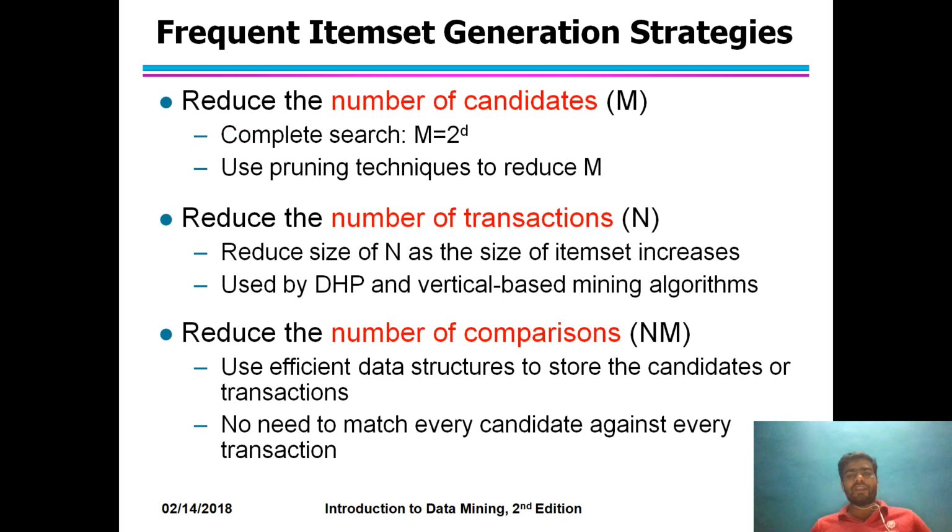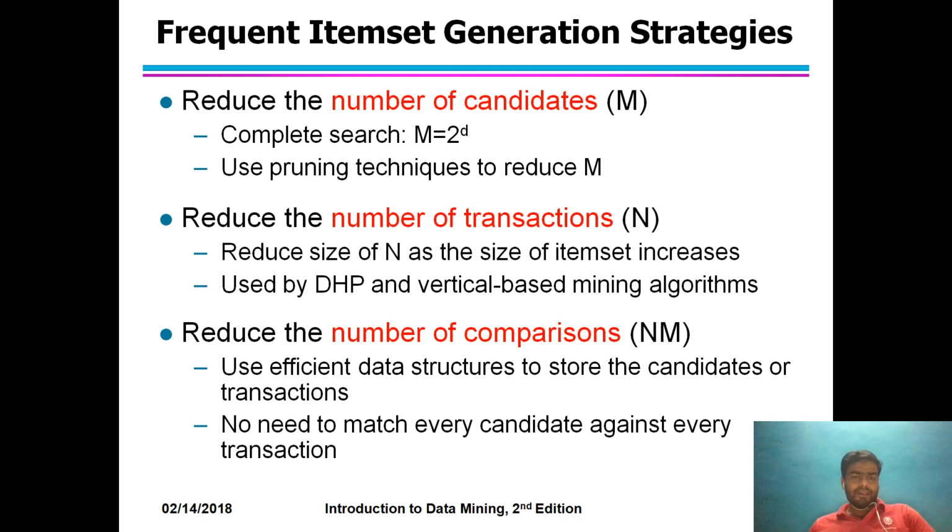By reducing the number of candidates m, the number of comparisons can be reduced, or use pruning techniques to reduce m. That means we eliminate the items which do not form frequent item sets.